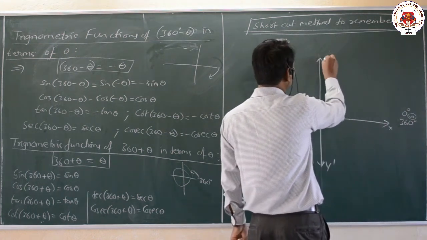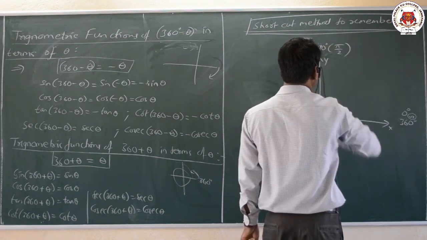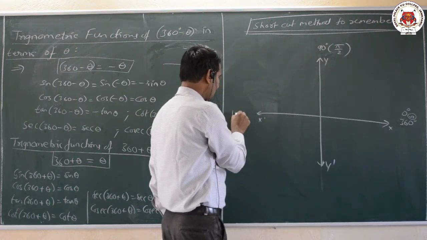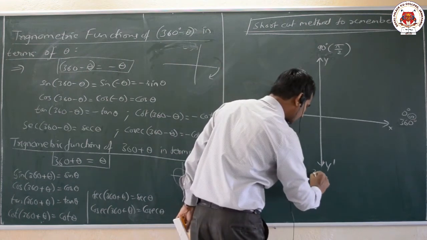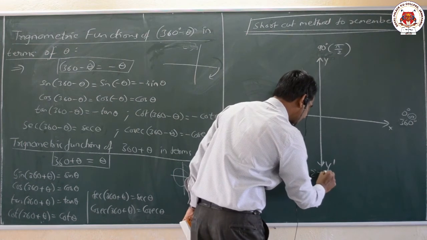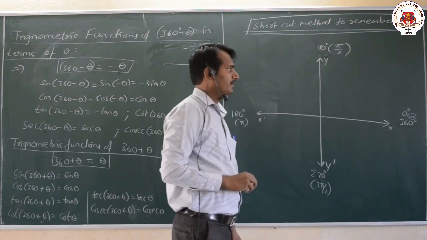Then it is our 90 degrees, or you can tell it as pi by 2. Here it is 180 degrees, or in the bracket pi. Then here 270 degrees, or 3 pi by 2 in terms of radians.